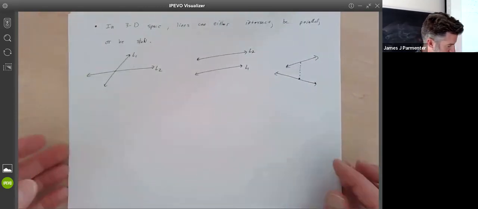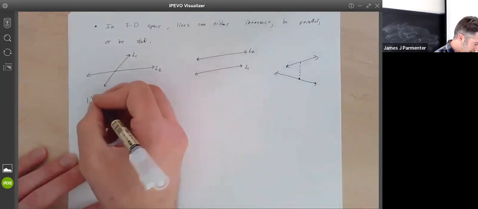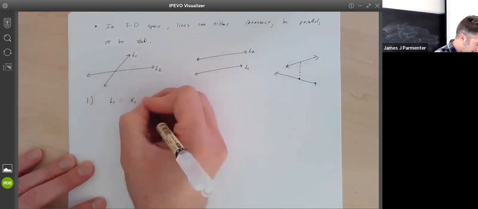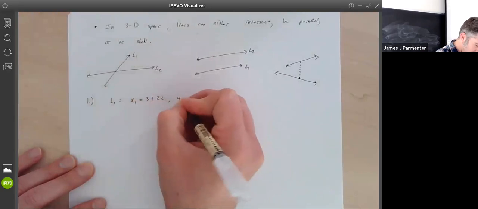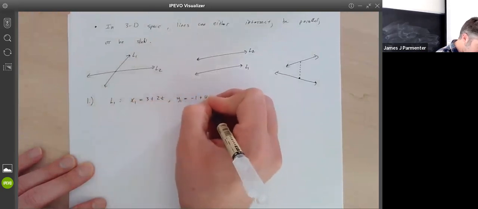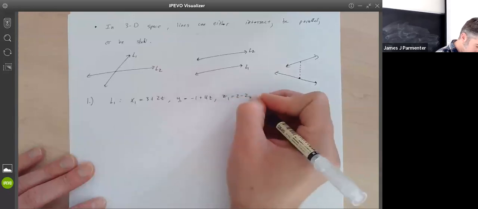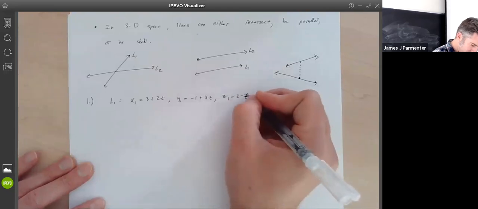Totally skewed. So the question then becomes, how do we tell if 2 lines written parametrically, L1 given by x1 equal to 3 plus 2t, y1 equal to -1 plus 4t, and z1 equal to 2 minus t, it's a t, not a 2.